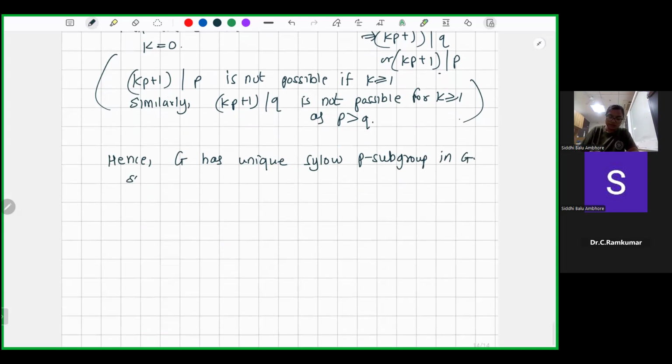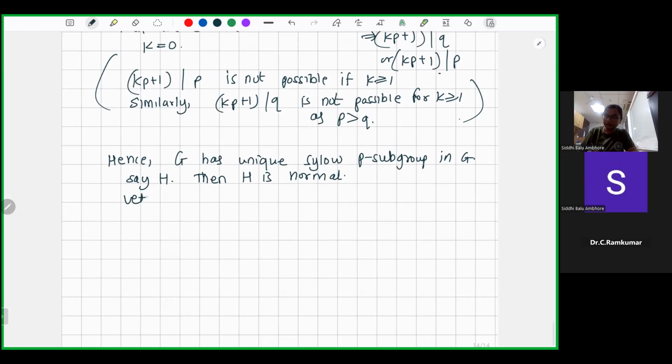Say H. Then H is normal, from the theorems which we have used so far.